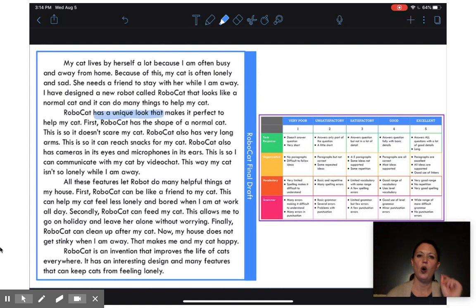It talks about what RoboCat looks like and what it can do. Is it long enough? Well, when I typed it in the computer, I did a quick word count, and it is more than 150 words, so it is plenty long. So that means this essay would get a 5 or excellent for task response.